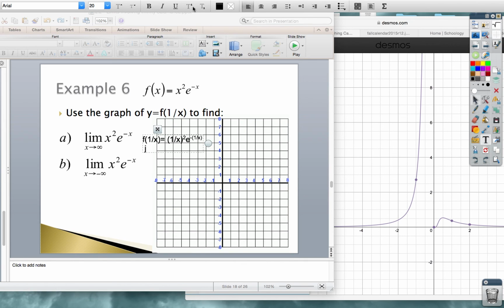Moving forward, 1 divided by x squared is going to be 1 divided by x squared. The second portion is going to change a little bit. So because your e here is a negative exponent, it's actually going to be rewritten. So let me rewrite all of it, actually.